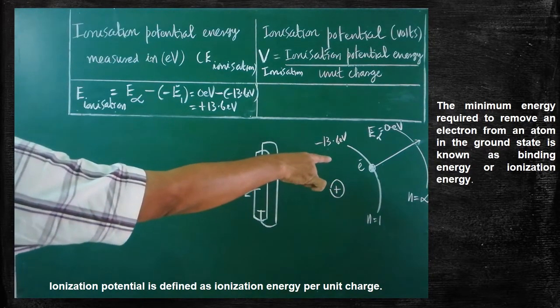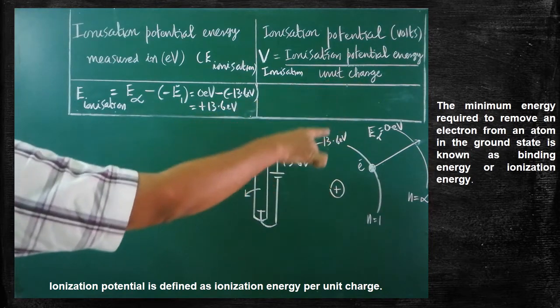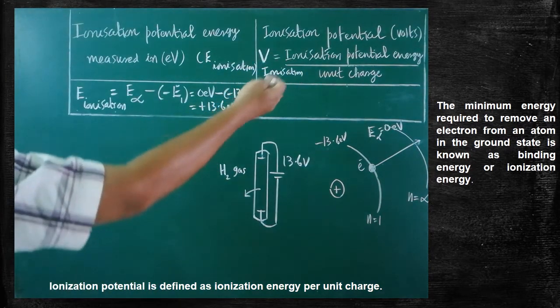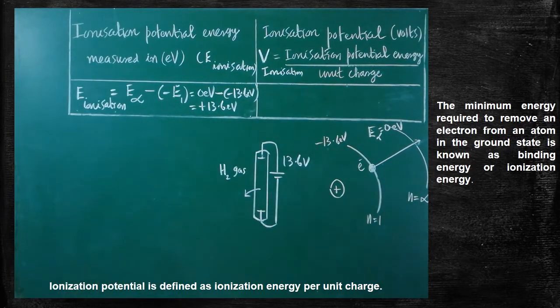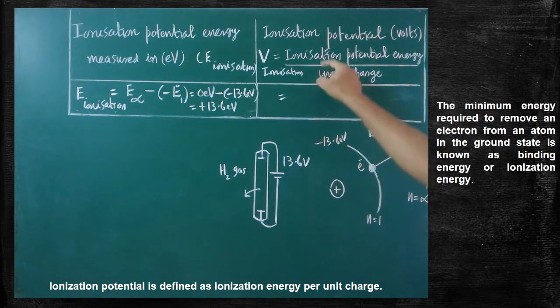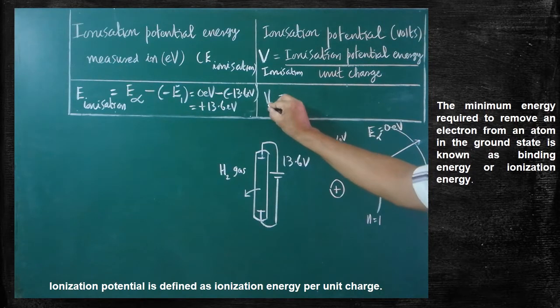The electron can be removed from the first orbit to the infinite orbit, or we can remove the electron from the atomic system. Are you clear? So how can it be written mathematically? I will write the same thing in some other form. Look at the formula to calculate the ionization potential. We know the value; V ionization must be calculated.